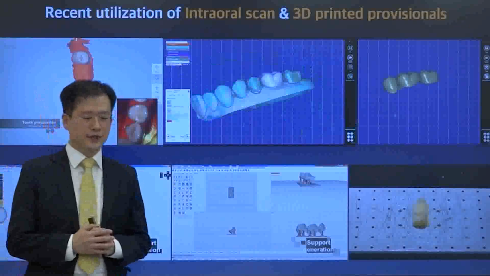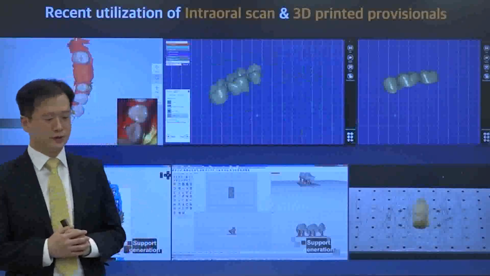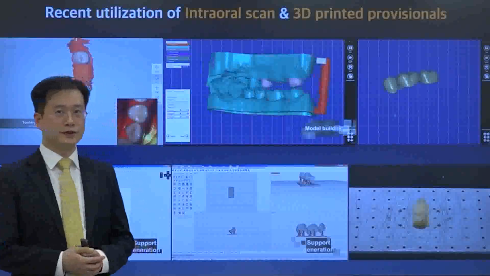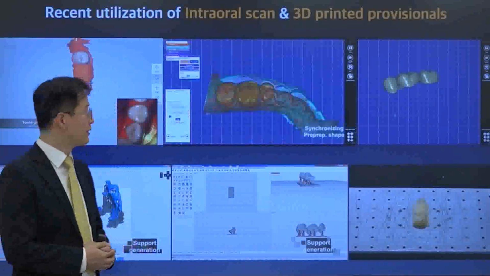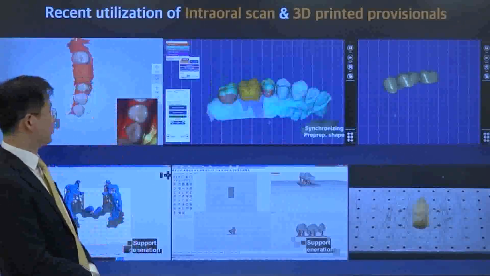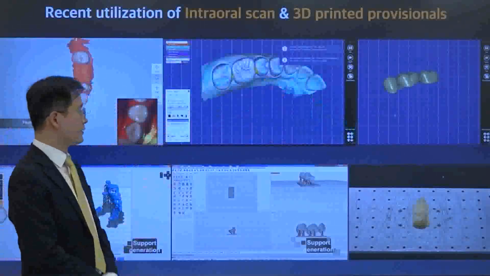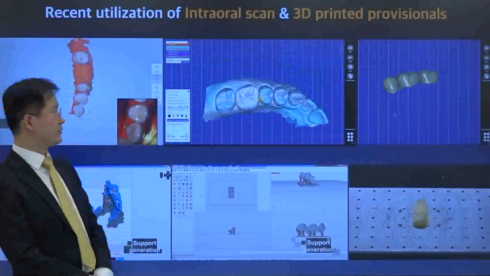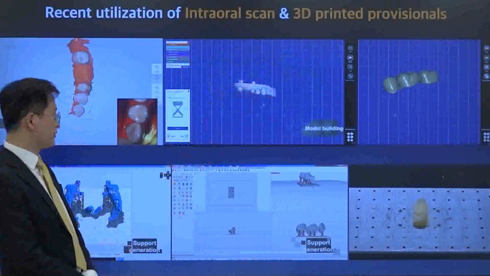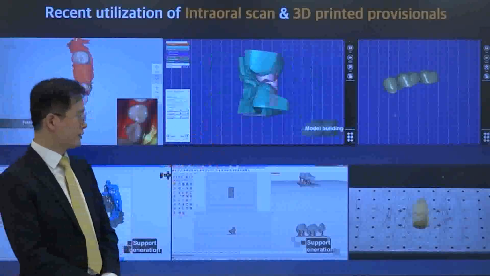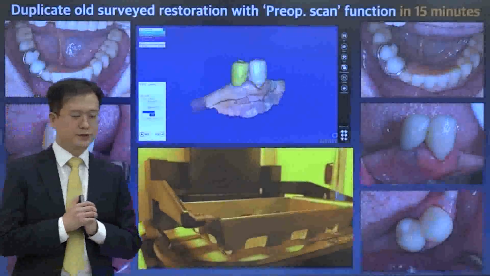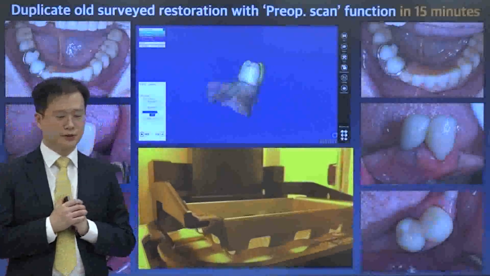In digital dentistry, with this technology, we acquire the data from intraoral scanners and automatically design the restoration and make a fine touch on the design, and we can print out the models and provisionals.